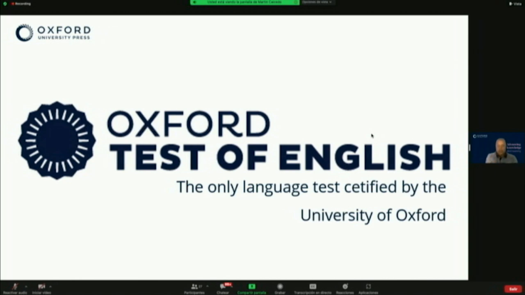All the pedagogy and methodology behind the building of the test has these learning strategies at its core, because we understand that a test, more than just a test, is a combination of evidence from our students, what they have learned and what they have used as competence in terms of English as a foreign or second language. And we're very proud to be partnering with UNED as one of our main test centers in Costa Rica.